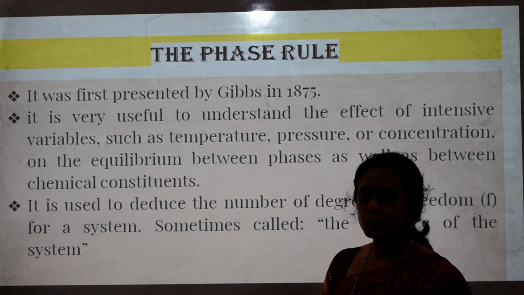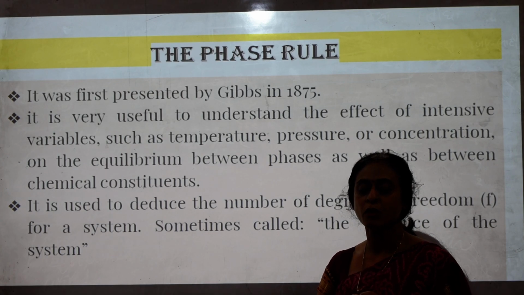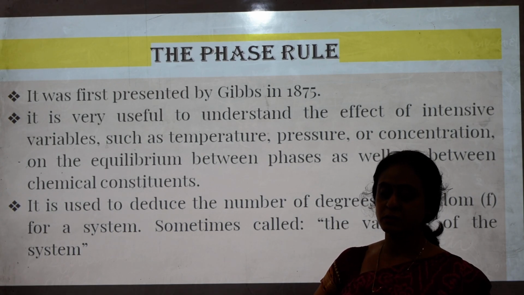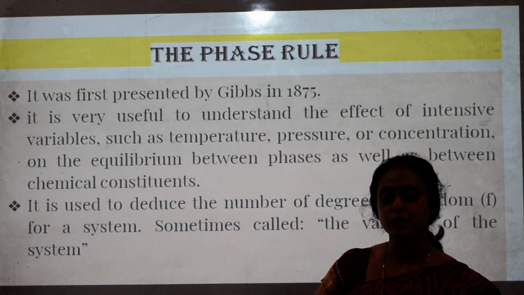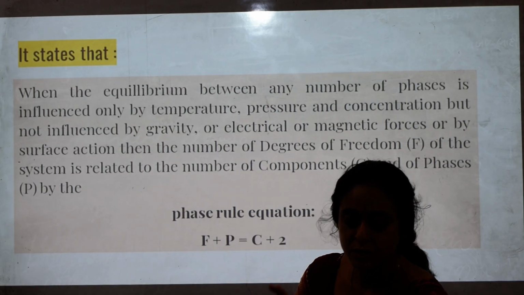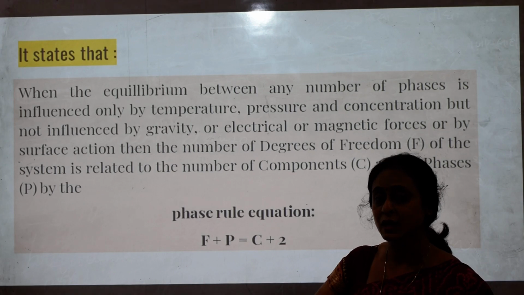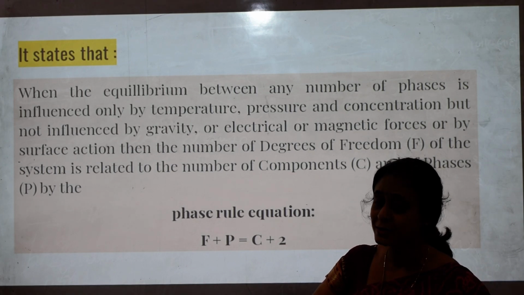Now, another utility of the phase rule is that it is used to reduce the number of degrees of freedom for a system, sometimes called the variance of the system. What do we mean by degree of freedom? We will deal with it separately. First, let us see what the phase rule actually says.